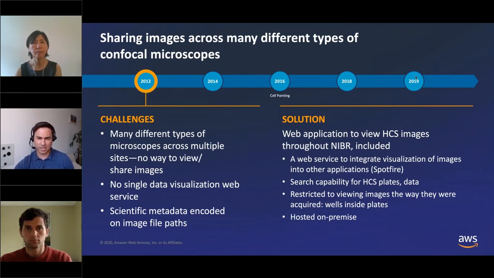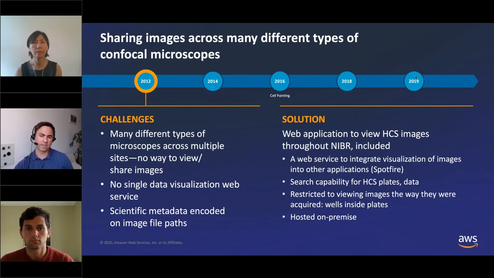So the solution at that time was to build a web application with services that integrated the visualization of the images across the different confocal microscopes, provided a search capability for the plates that they were required in and some of the metadata. But there were some drawbacks.